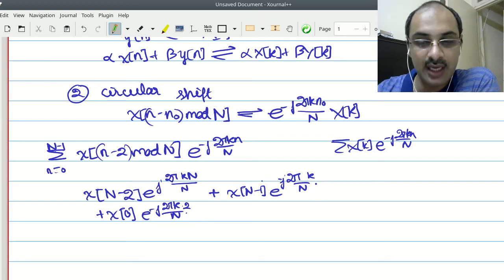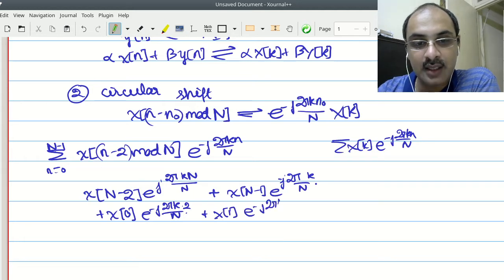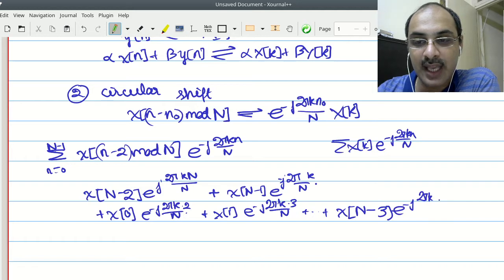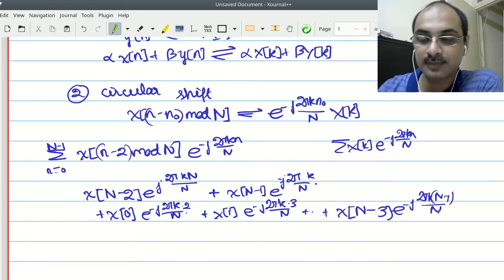I'll do that in a smart way, plus I'll have x[1] e power minus j 2 pi k into 3 upon N plus dot dot dot, and the last term over here is going to be x[N minus 3] e power minus j 2 pi k into N minus 1 upon N.